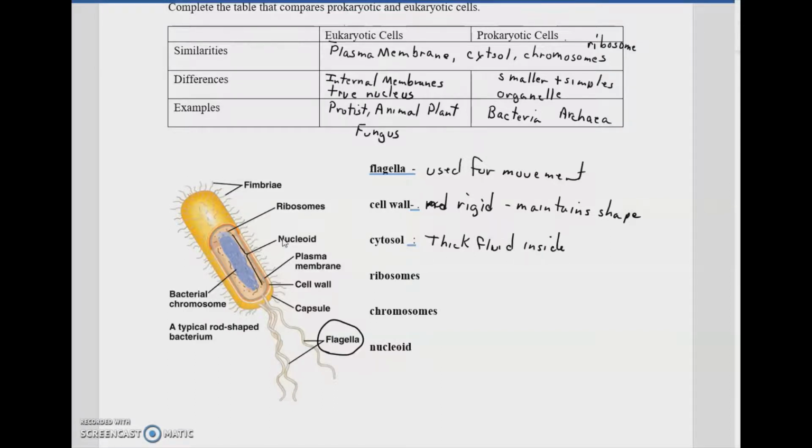It has ribosomes. These are the structures that assemble proteins. It has chromosomes that carry the genes. And it has a nucleoid, which is where the DNA lives. Note that it does not have a membrane around it, so it's different from the eukaryotic.